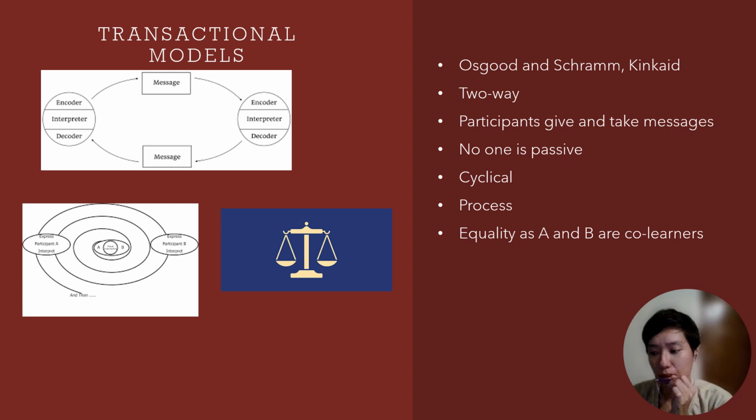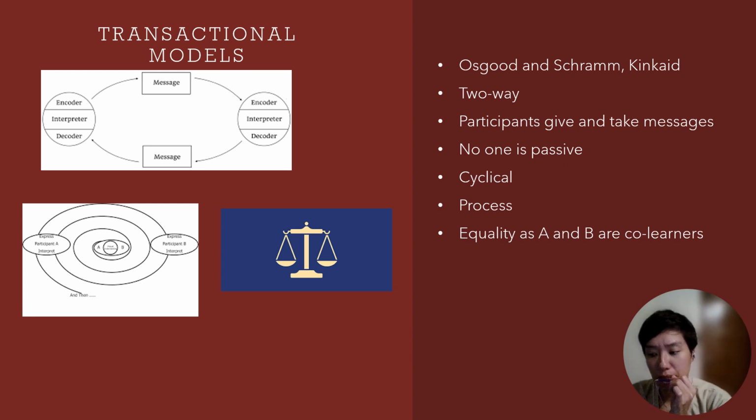Second group of models we have are transactional models. You can clearly see that there is an exchange of messages between the participants. Some examples include Osgood and Schramm's and Kincaid's convergence model.